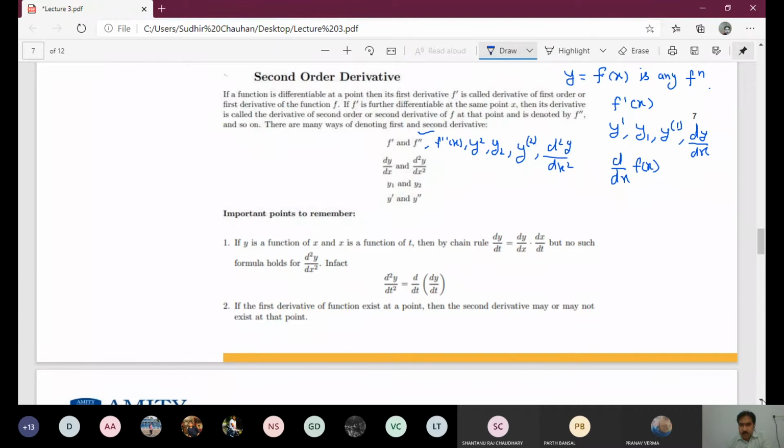We can also write it as d2y over dx square, or d2 over dx2 of f(x).